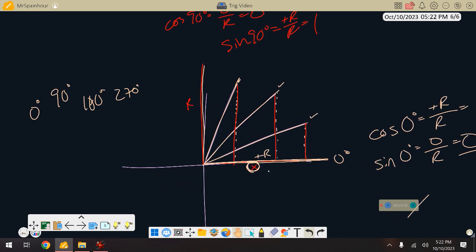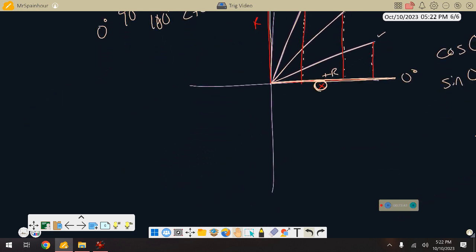Now, there is a little bit of a weird exception over at 180 and 270, so let's talk about it real quick. What is the cosine of 180 degrees? Well, you remember I said earlier that the hypotenuse of a triangle, let's call this r, cannot be negative, but the x and the y can. So in this case, the x is going left, so the adjacent side is negative r over the hypotenuse of r.